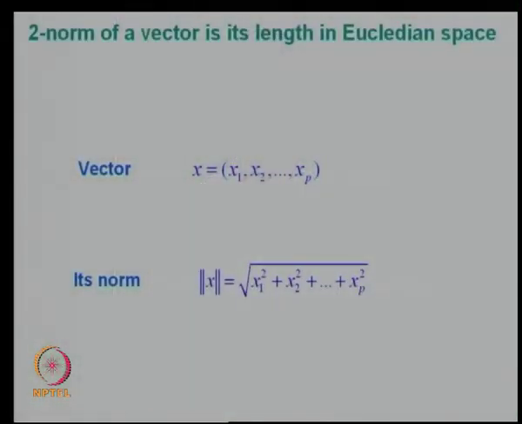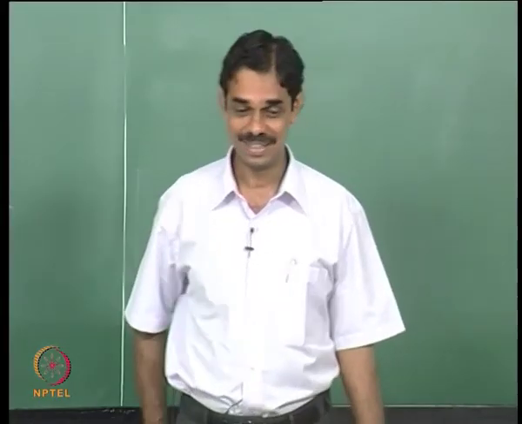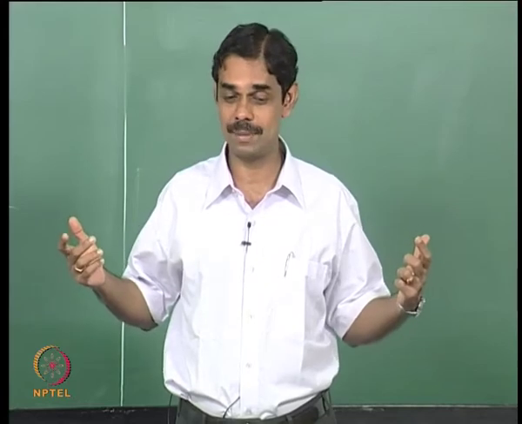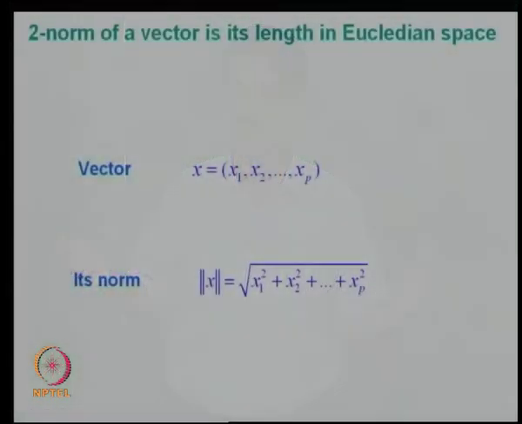To measure anything you need a measure, and it's just like an English word, it's just that they write lemmas and theorems and throw you out. So the 2 norm of a vector is nothing but its length in the Euclidean space.